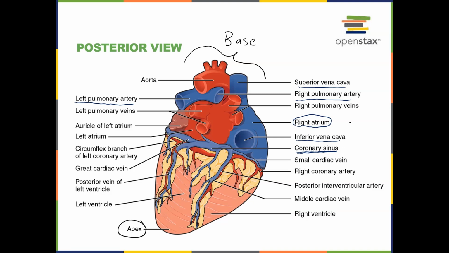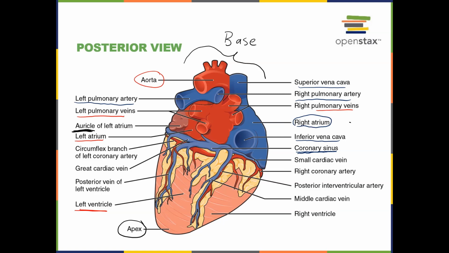Oxygen-rich blood flows back through pulmonary veins into the left atrium, then into the left ventricle, out into the aorta. The aorta will branch to numerous smaller blood vessels that distribute oxygen-rich blood throughout the body.